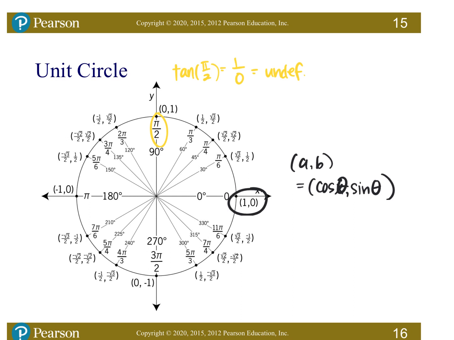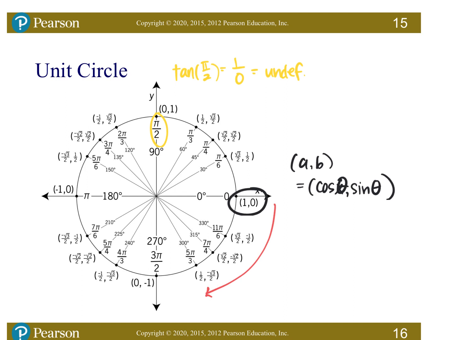Okay. So if you want to go in a negative direction, you're going to go down this way. All right. So let's say 7 pi fourths. What's its negative equivalent? It's sitting there in quadrant 4. Raise your hand if you know what a negative equivalent of 7 pi fourths would be.